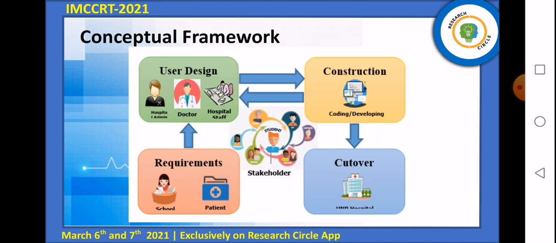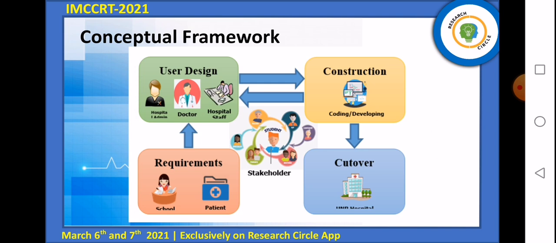For the conceptual framework, the figure shows the developed model of the study. The researcher adopted the rapid application development as a software model to represent the structure of the system. It illustrates all those who are involved in each phase. The requirements planning phase involves the school administration and patient requirements.